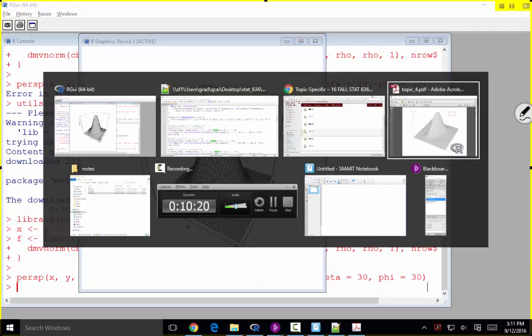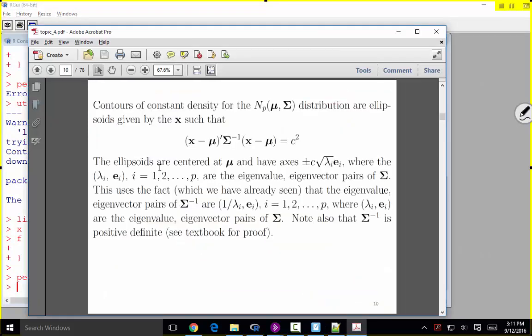Okay, I'm going back to the notes. This is important. You've seen this. You've done this in your homework. But the idea of points that are a constant distance from a middle point. We're going to be interested in defining where do we go out in order to be an equal statistical distance from the midpoint.